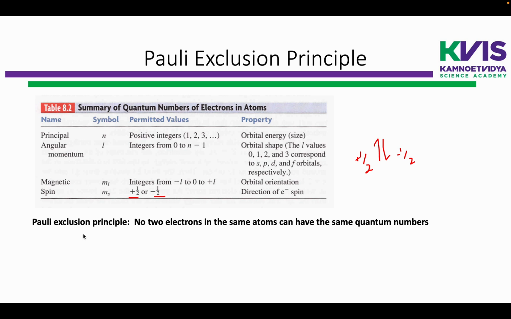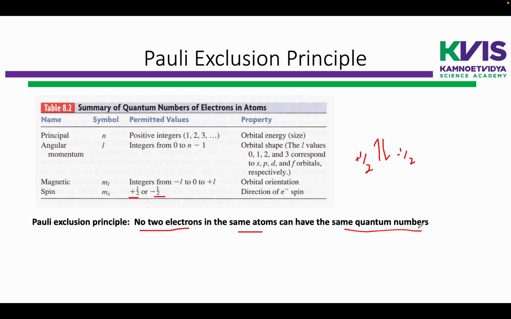So Pauli said that no 2 electrons in the same atom can have the same quantum numbers. So for exactly 1 electron in an atomic structure, you will only have 1 equation describing that electron. So 1 electron in an s orbital will have a wave function which will always be different from another electron in the same s orbital, meaning one will have a plus 1/2 spin, the other will have a minus 1/2 spin.